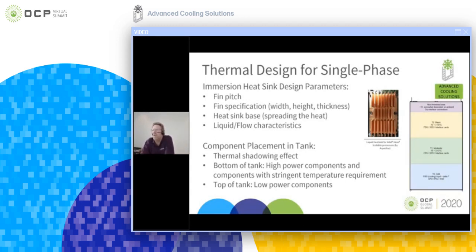This determines, first of all, with the fin pitch, how easily liquid can flow in between the fins of a heatsink. Second relevance is the fin specification, so the width and the height and the thickness. So how that determines the ability of thermal energy to actually reach the extremities of the fins.